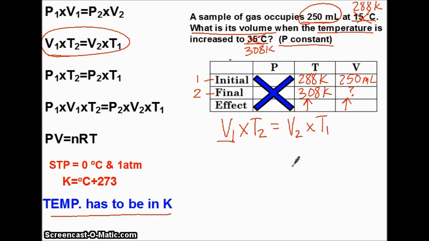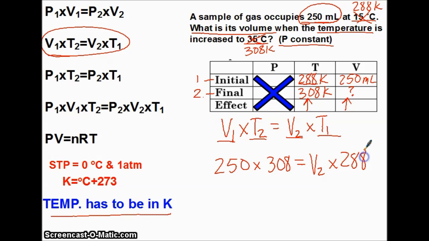V1, 250 times our T2, 308, is equal to V1, or excuse me, V2, which is our question here. So we're just writing our question, times T1, which is here, 288.